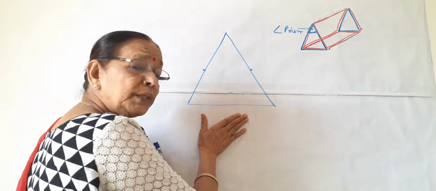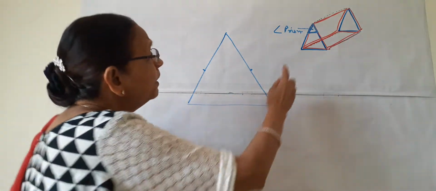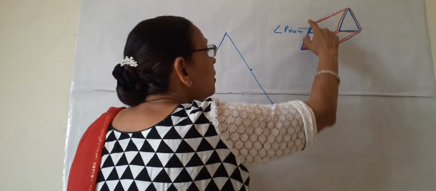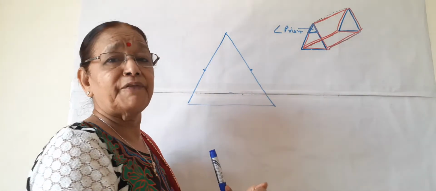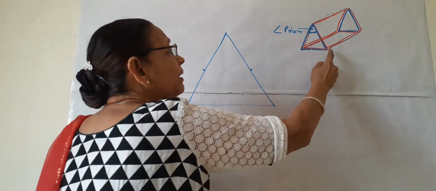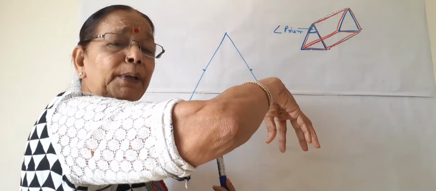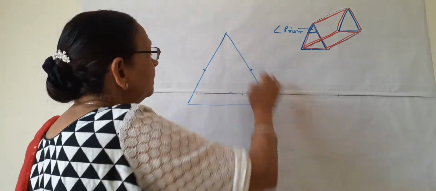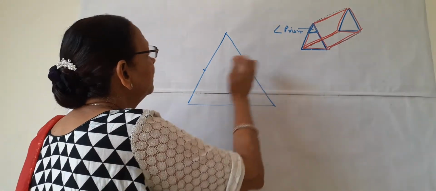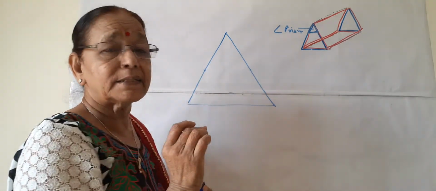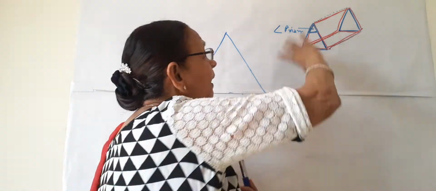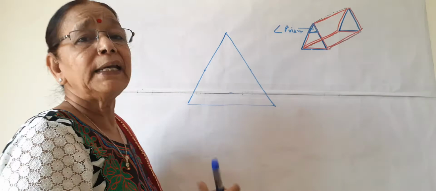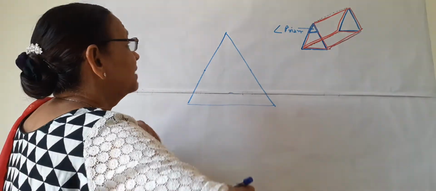When we do this experiment in our lab, we put the prism on one of its triangular faces on a paper, and we take the diagram like this.